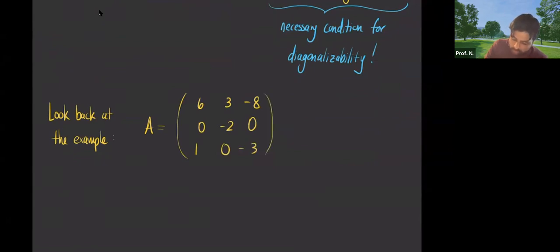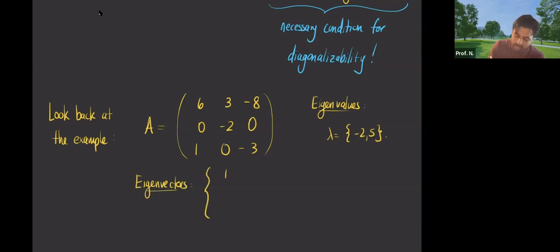The eigenvalues were -2 and 5. The eigenvectors were what? 1, 0, 1 and 8, 0, 1.